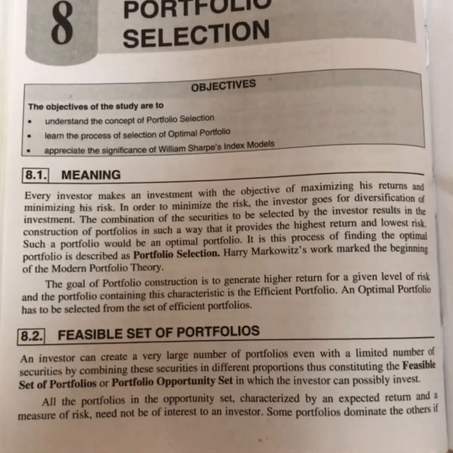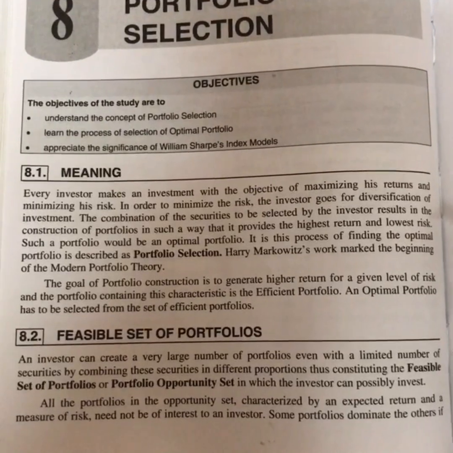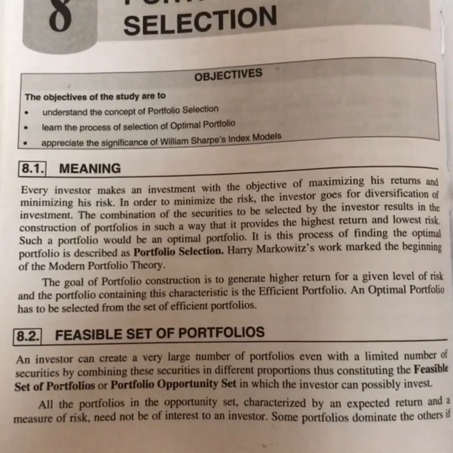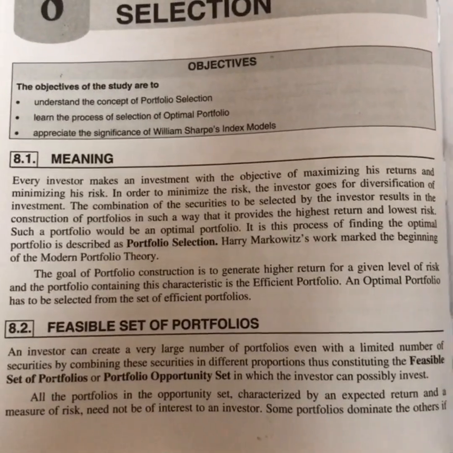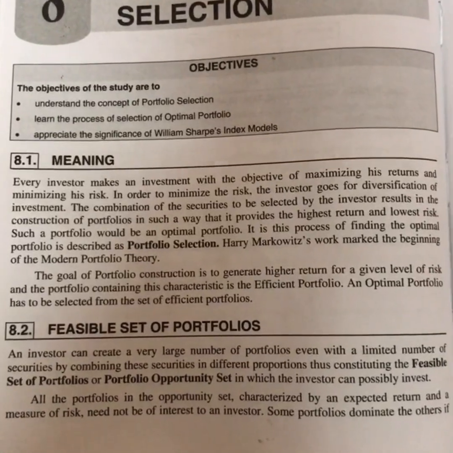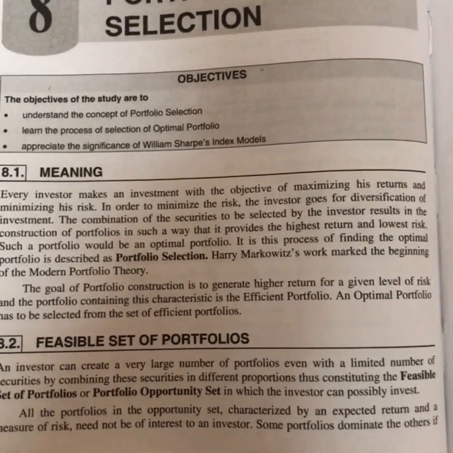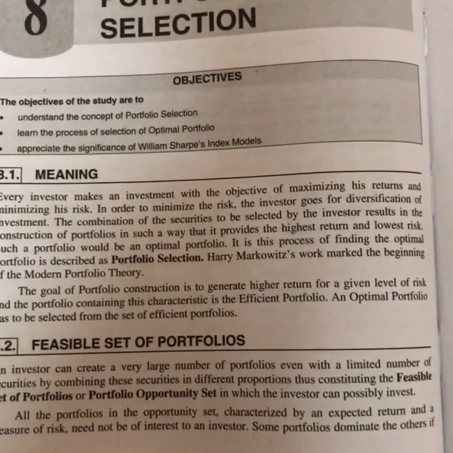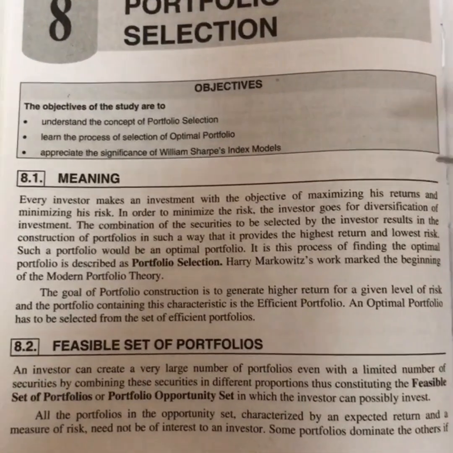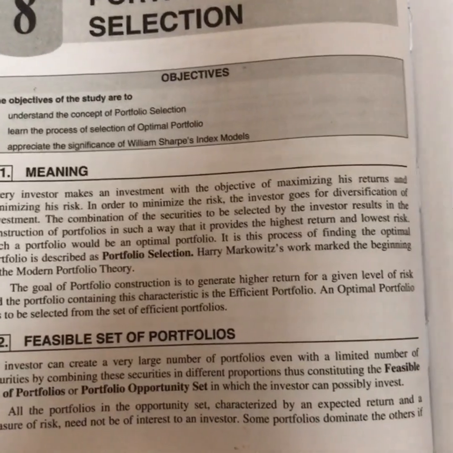So portfolio selection is nothing but the process of selecting the optimal portfolio. In this unit we are going to see how we select the optimal portfolio. This is the meaning of portfolio selection, girls.